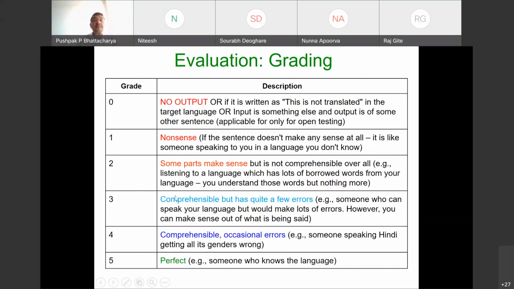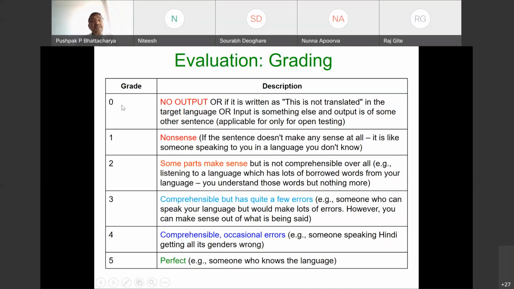Okay, so the evaluators became quite confused as to where to put the sentence with respect to its grade 2 and 3. They were not able to make this fine distinction between 2 and 3, and 0 and 1 also. 0 is not only no output, but also other problems with the output. Okay, no relationship between source and target, for example.